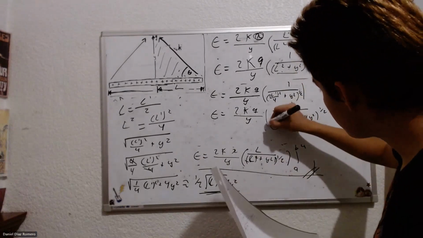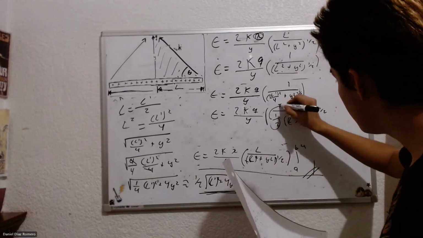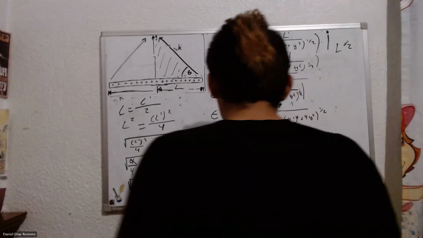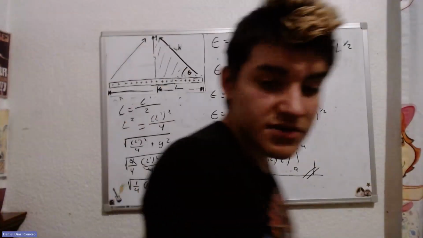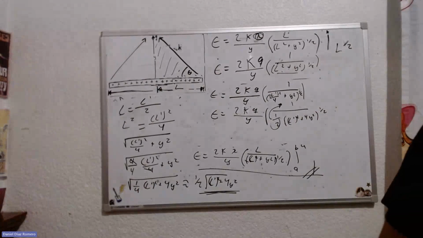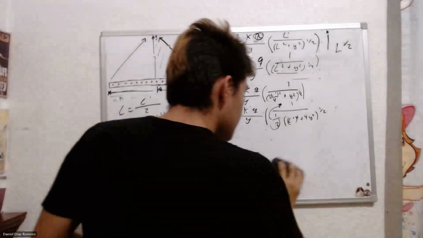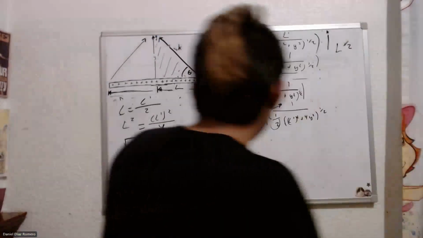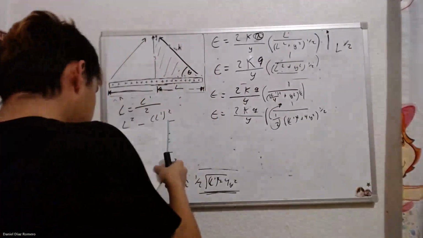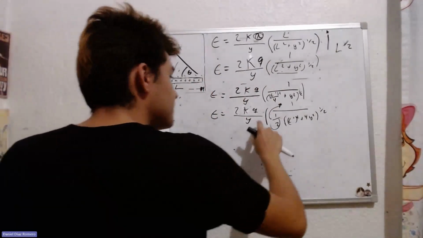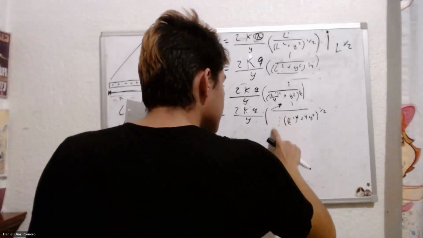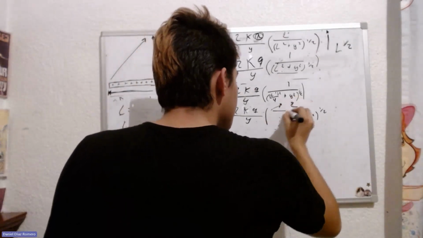Because of this multiplication, that would be the same as having 2 over here.